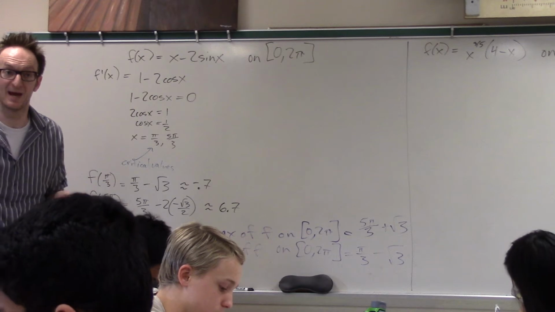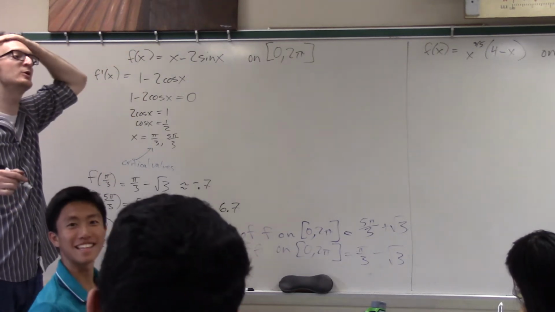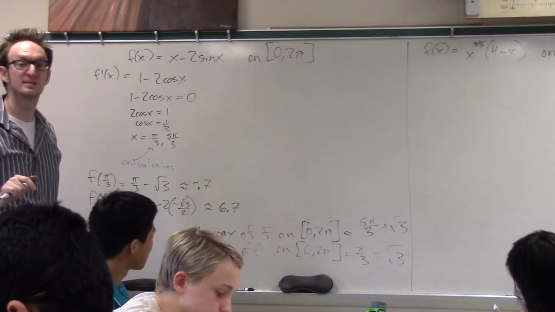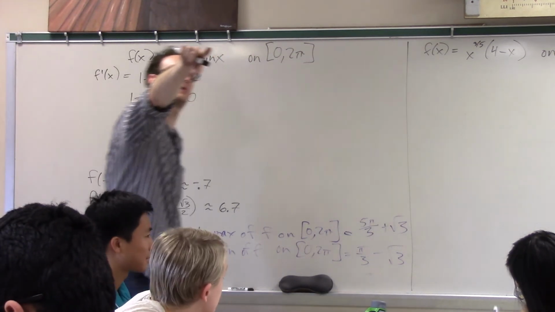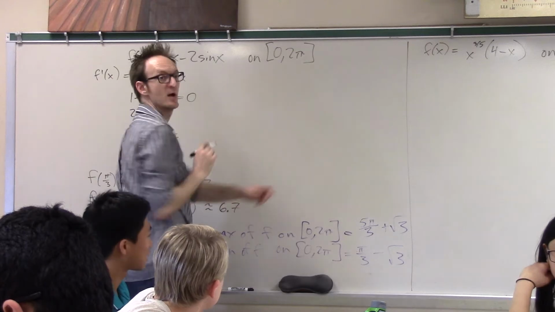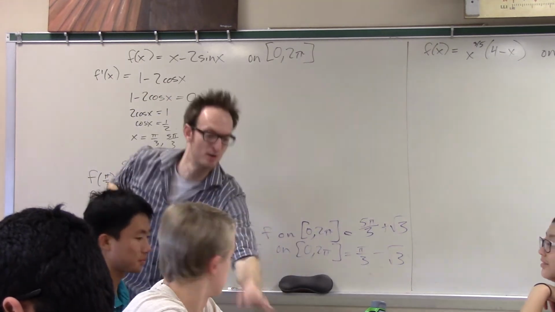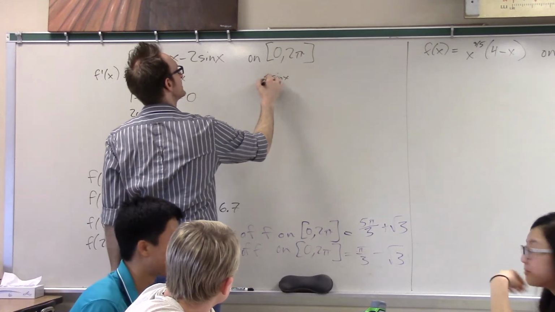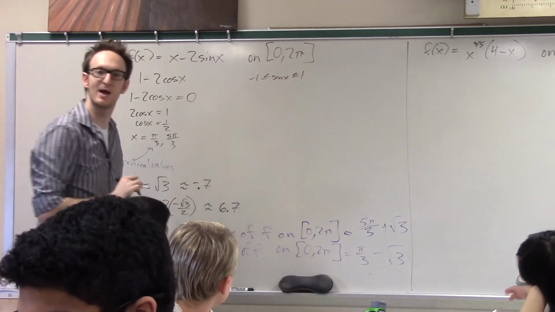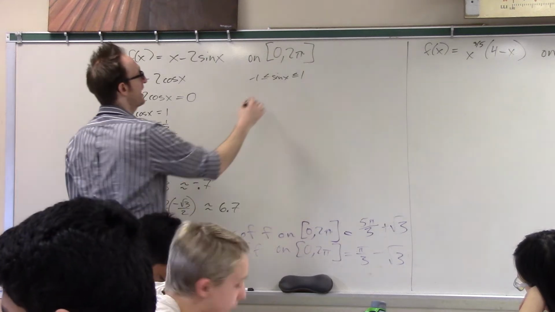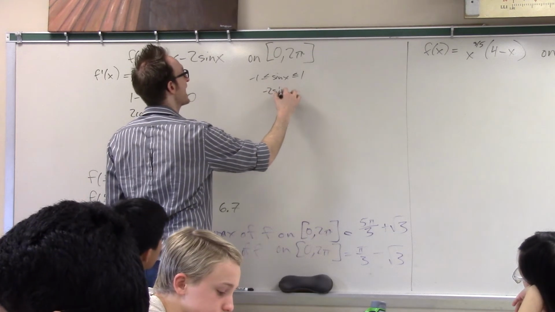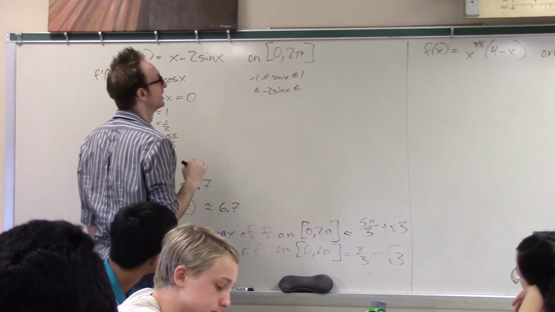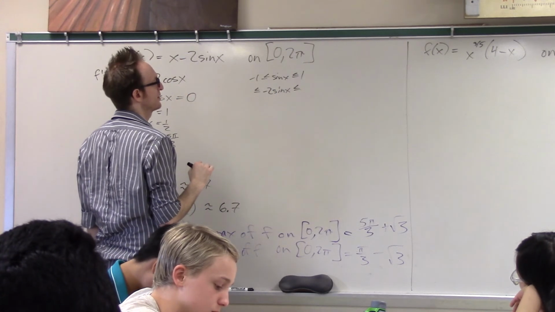By the way, this is a function that we used to know how to graph-ish in pre-calc C or pre-calc B even. Can I get a purple or blue behind you? Because what do we know about this? We know that sine x is between -1 and 1, right? We know, therefore, that -2 sine x has to be between -2 and 2, I guess, right?